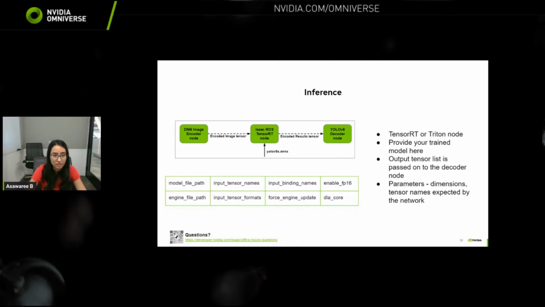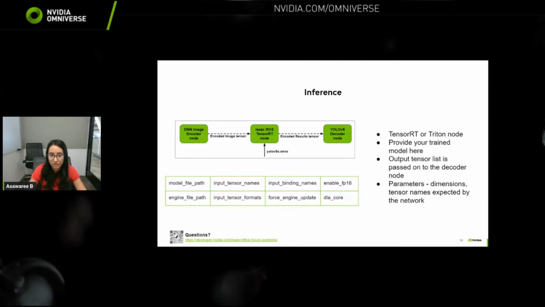The first time you run the TensorRT node, it is going to generate a TensorRT engine file from the ONNX file. And that step does take a little bit of time, maybe a minute or up to 2 minutes. But subsequently, once you already have that TensorRT engine file, every next run, you can just point through the engine file path parameter to where you've stored that engine file.